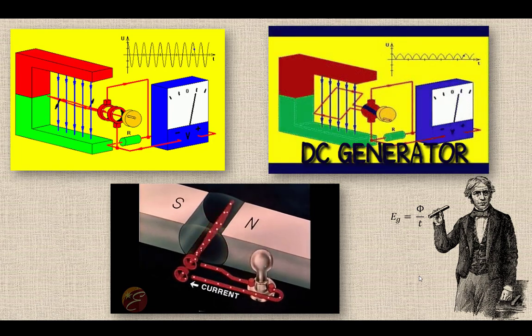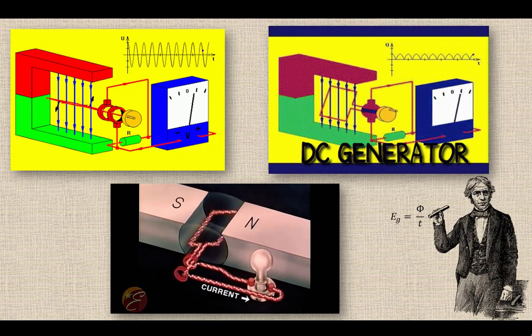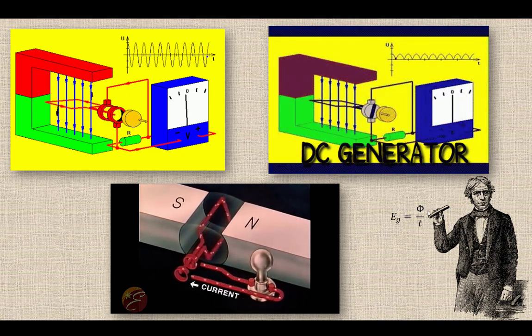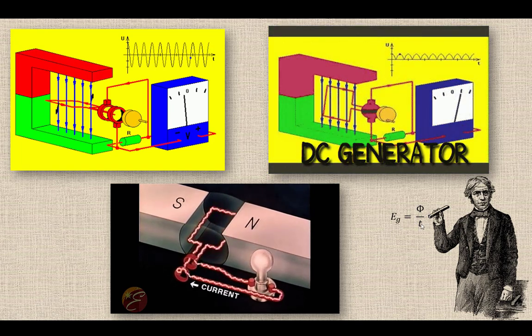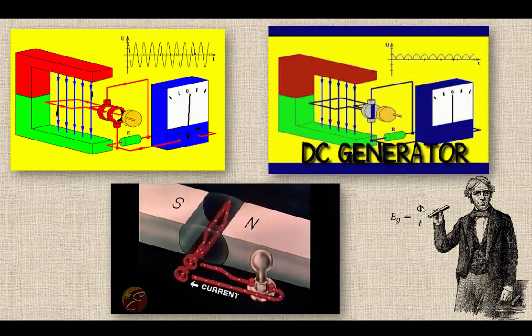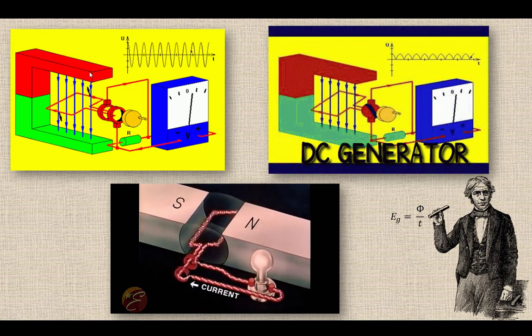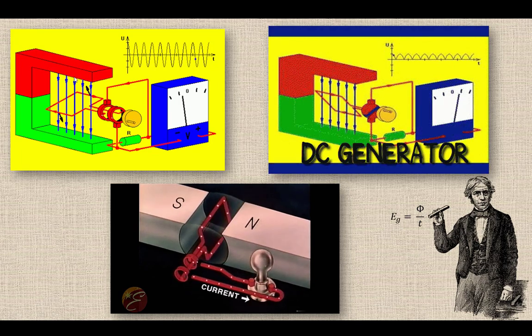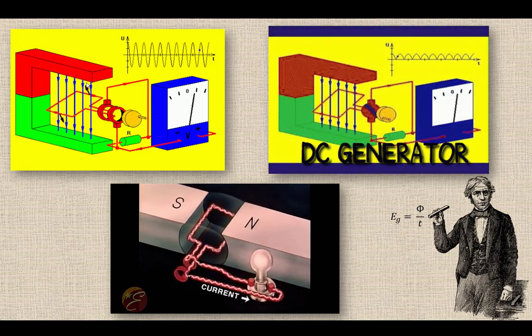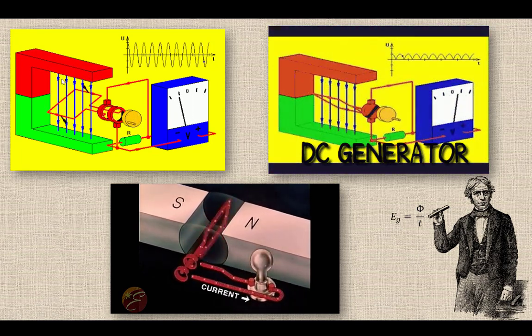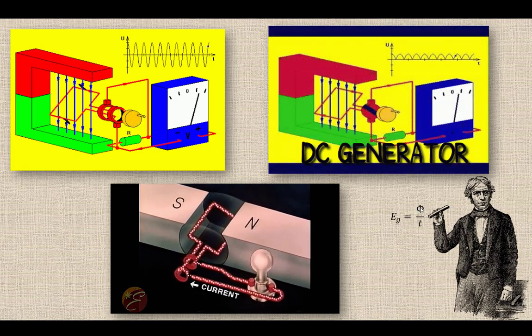Now, Faraday's law of generation says that the output of a generator, E generated, is equal to the flux density and time. The flux density is the strength of the magnetic field. This magnetic field here. The more lines there are, the closer together they are, the more dense they are. So basically, the stronger your electromagnet is, or a permanent magnet for that matter, the stronger your magnetic field is, your lines of flux, the higher the voltage output.